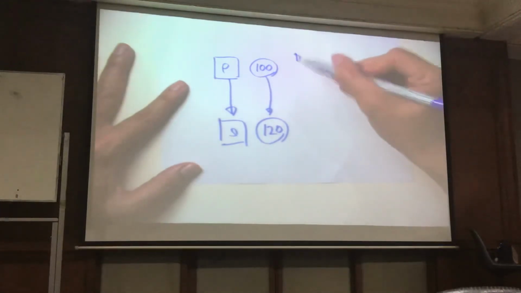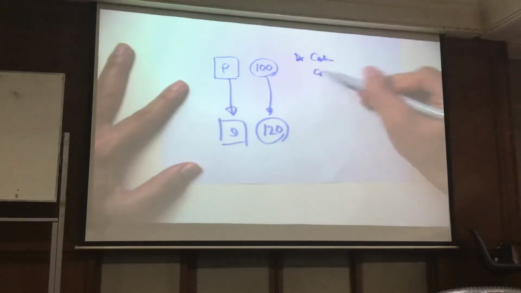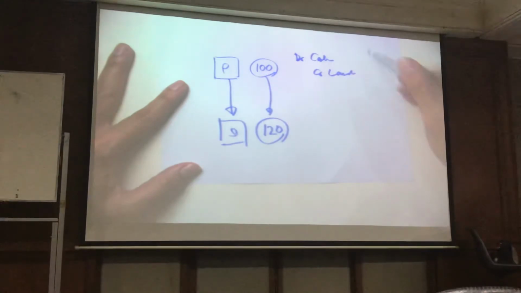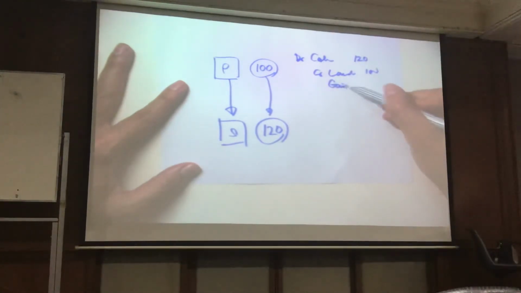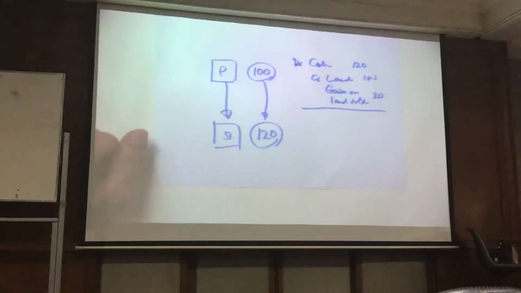When they make the record, I debit cash, credit land, but I got money of 120, so I credit gain on land sold for 20.